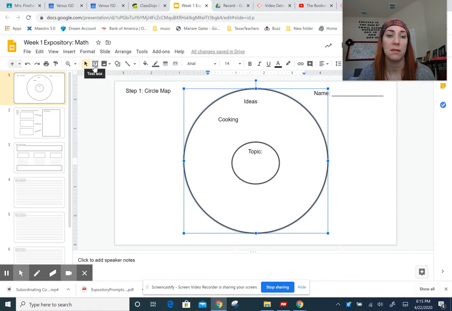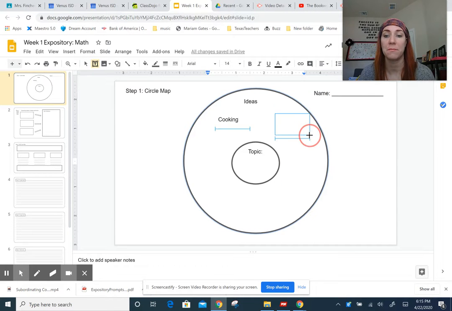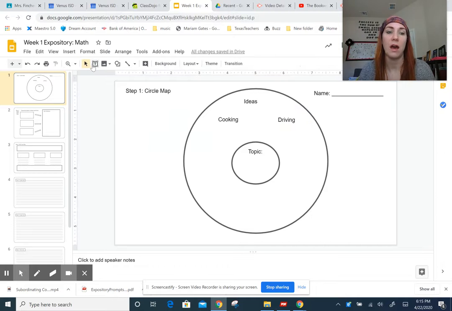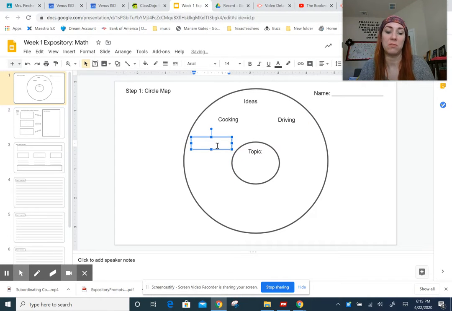I use math when I'm driving my car. I use math when I'm teaching because I need to know how long a lesson can be. I need to know a schedule to know where I need to be at certain times.